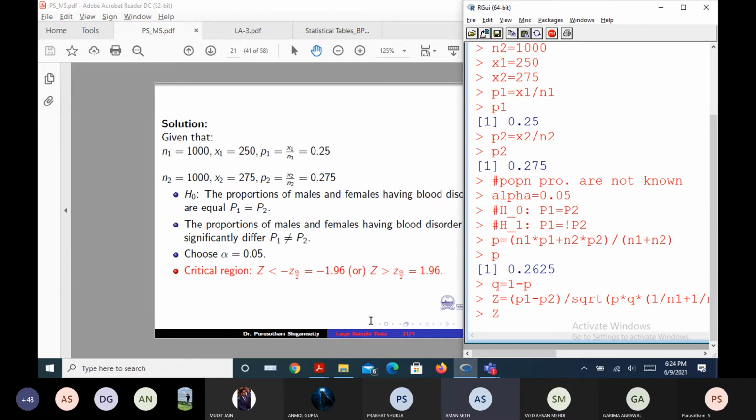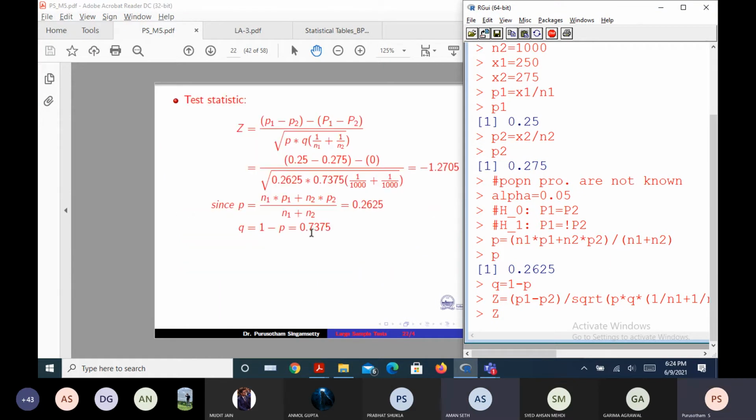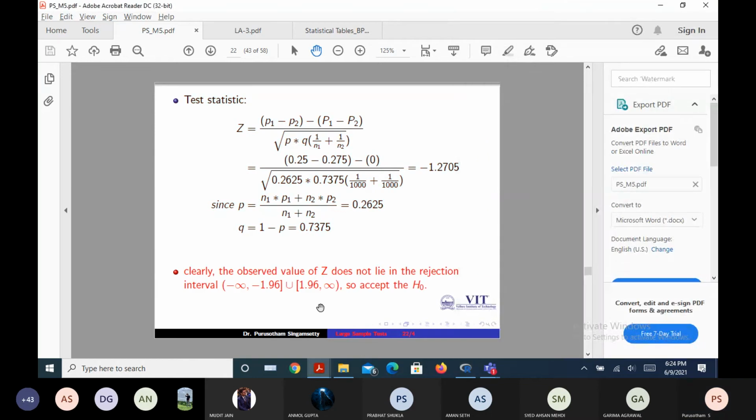So it is not in the region. Clearly the observed value of z does not lie in the rejection region, the interval minus infinity comma minus 1.96 union 1.96 comma infinity. So we need to accept the null hypothesis, right?